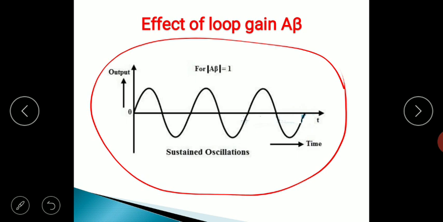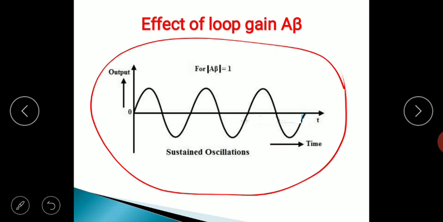Now in the next part of this module, we have to discuss only 2 important RC oscillators. We have classified the oscillators into various types, and as I said, based on the feedback network or feedback circuit used, we can classify the oscillators into 2 types, LC oscillators and RC oscillators.